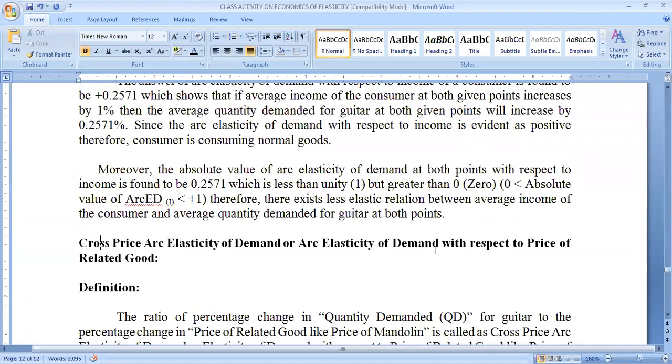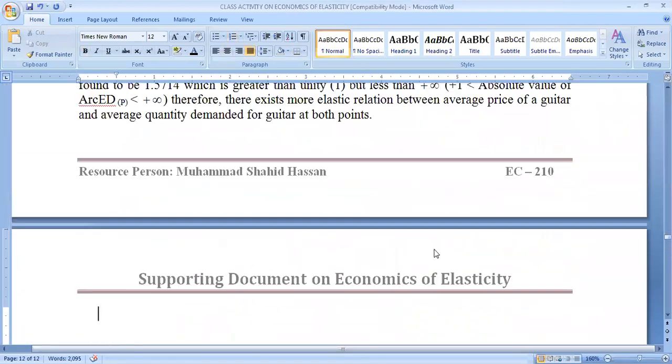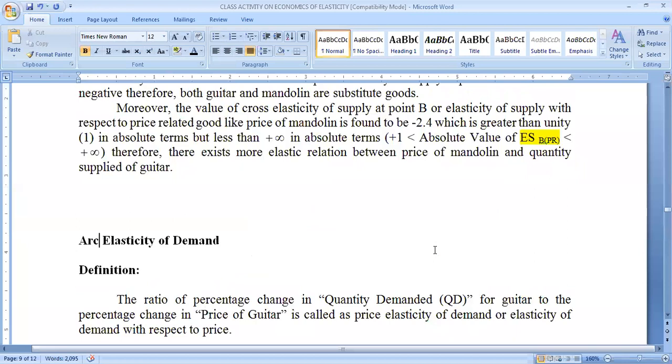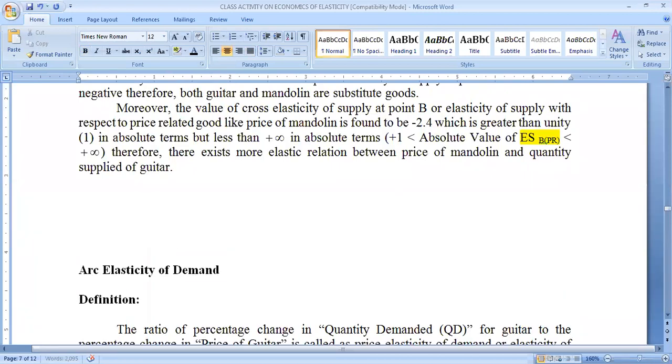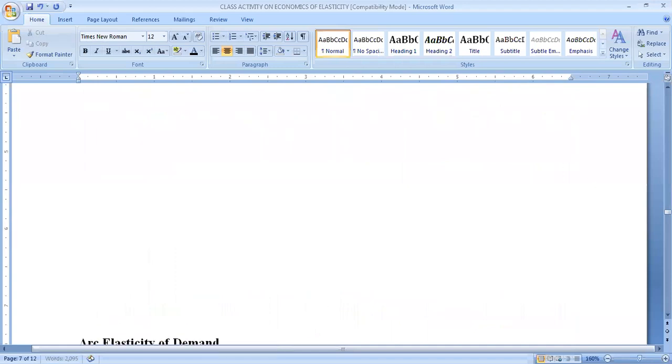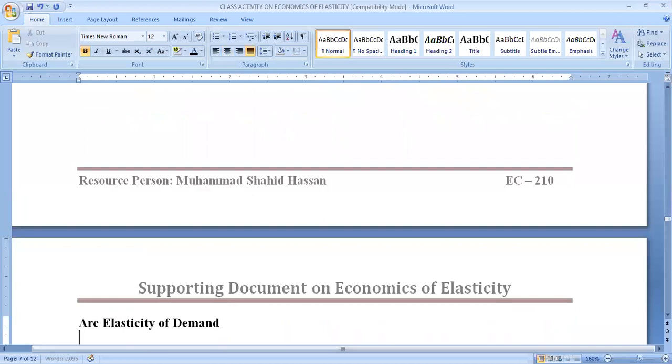Let's go to the concept of arc elasticity. Here comes the concept of arc elasticity. Let me move to the next page so that we could have a smooth movement.